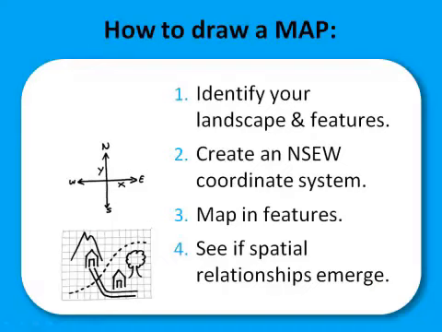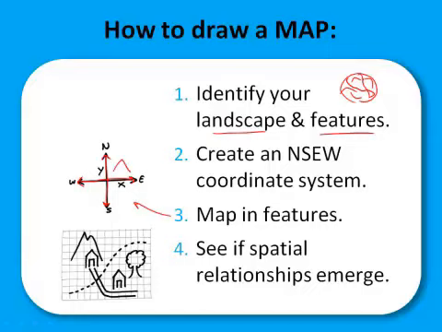So how do we go about drawing a map? Well, there are 4 basic steps. The first thing, of course, is we have to identify the landscape and the features that we want to talk about. If this is our world, and we want to draw a map of it, we have to say, well, how much of it do we want to draw? What's the landscape? After we've understood that, we need to create a coordinate system. Because most maps have an underlying north, south, east, west coordinate system that allows us to then map in the features from our world.